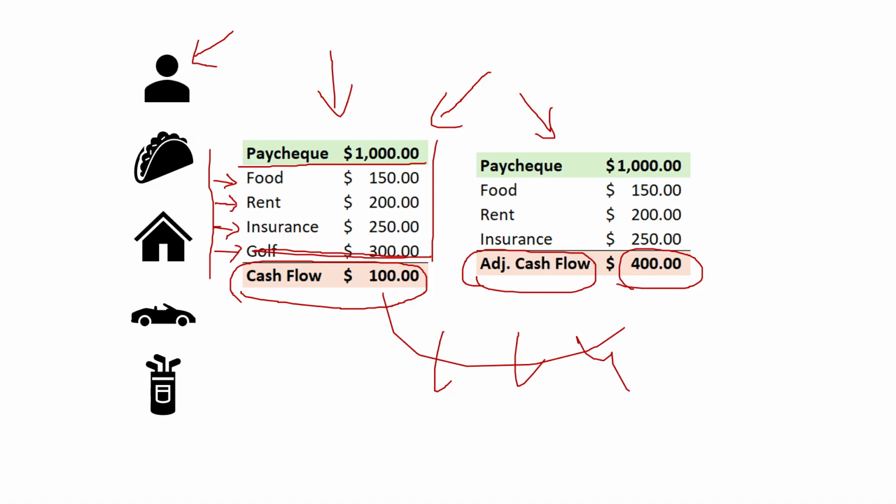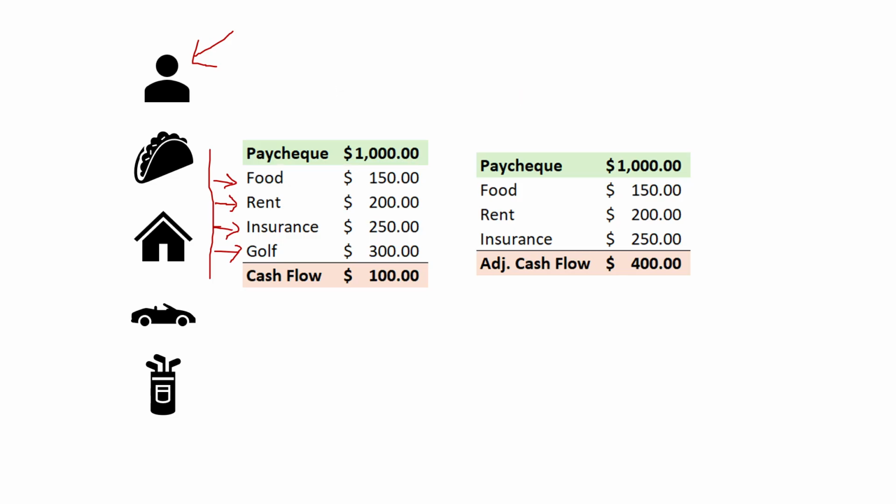So what you're doing to adjust the cash flow, here I eliminated this, but let's say we didn't eliminate it to change it from the left side to the right side. Let's just erase all this. If we started at the bottom and we recognize Golf is discretionary, not really something that's going to happen again and again, we could also just add it back.